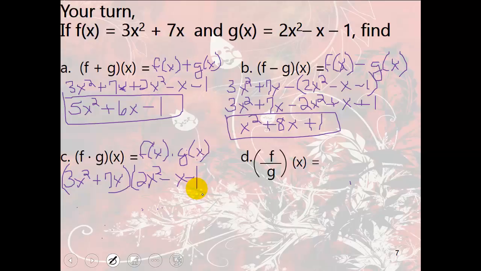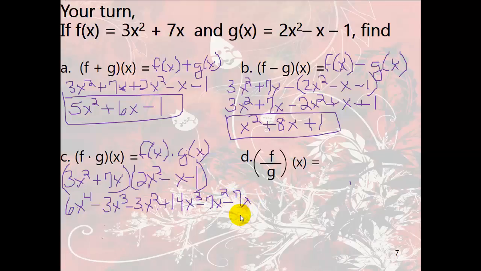And I'm going to get 6x to the 4th minus 3x cubed minus 3x squared plus 14x cubed minus 7x squared minus 7x.